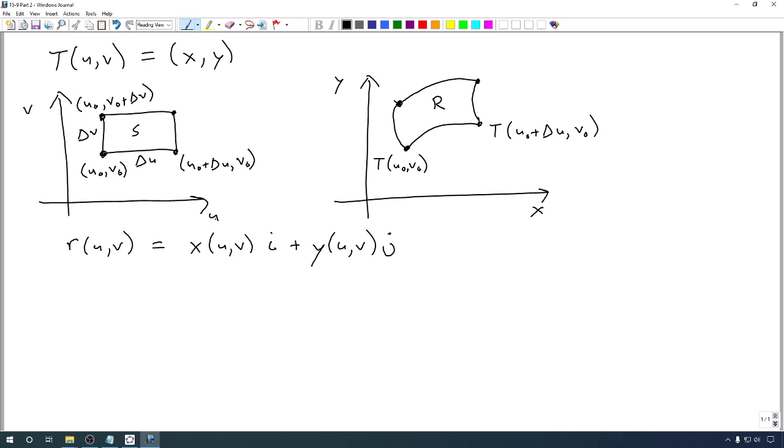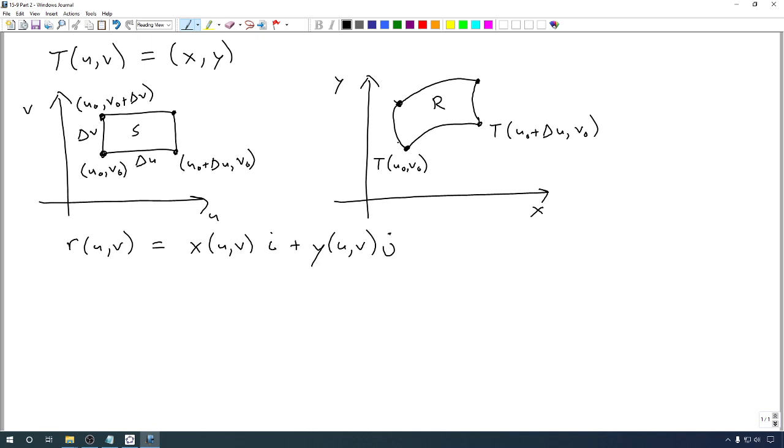So really all I'm doing here is the x component is the x value of T. The y component is the y coordinate of T. So r is really just T, just with its outputs interpreted as vectors instead of as points. So not really a brand new thing, but a different way of viewing it.